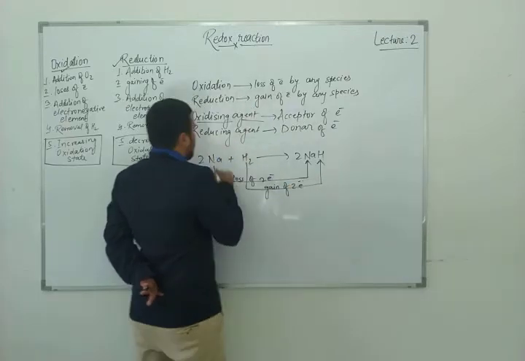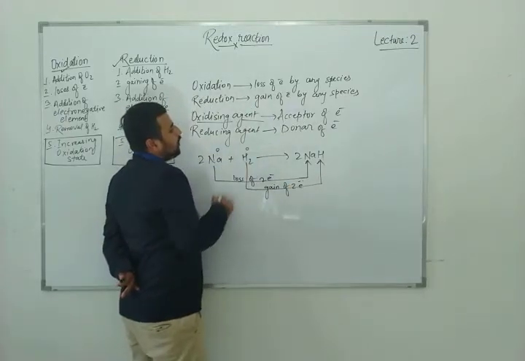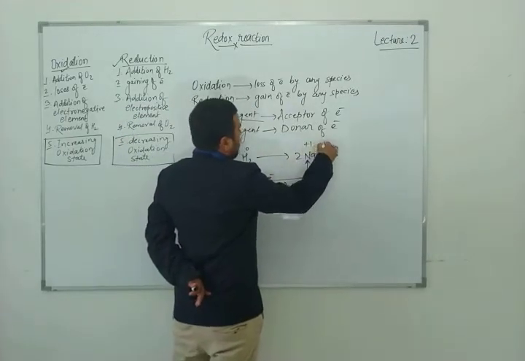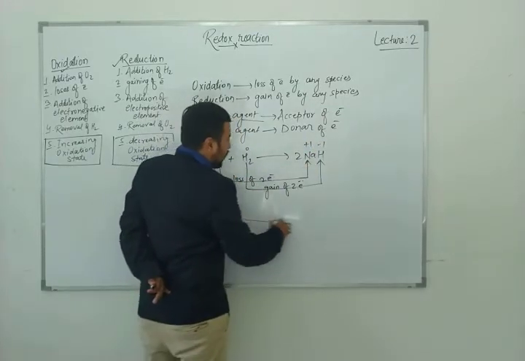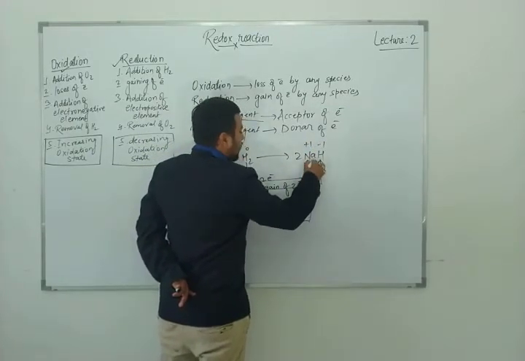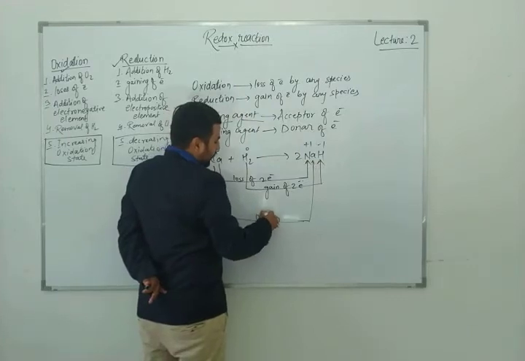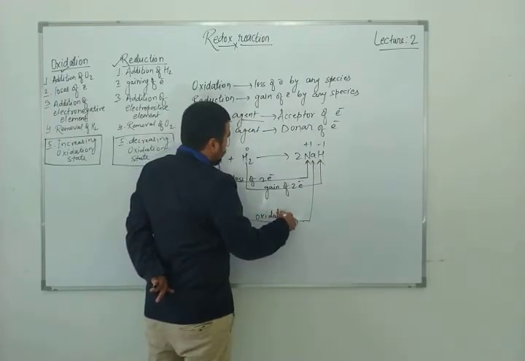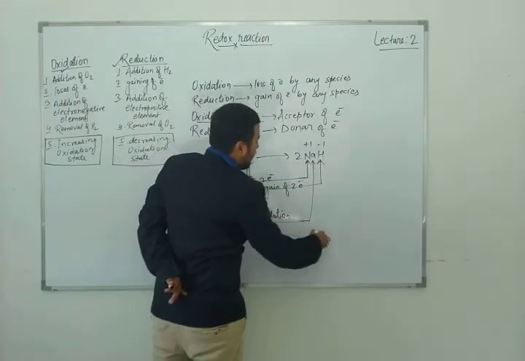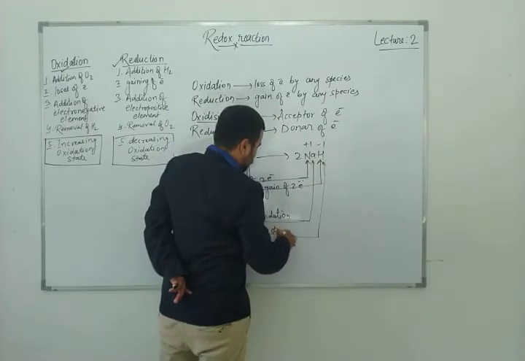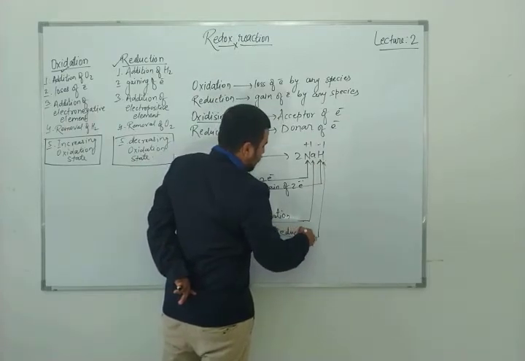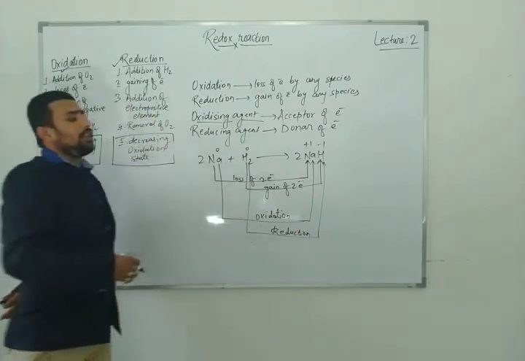Now you can say, sir, both the elements are existing in zero oxidation state. Here plus 1 and minus 1. So we can say, 0 to plus 1 is oxidation and 0 to minus 1 is reduction. So when both the terms are there in this reaction, hence this reaction is a redox reaction.